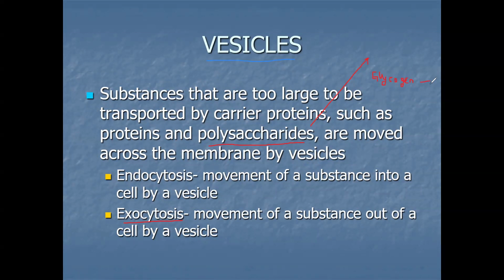In some glycogen, you can have more than 55,000 glucose units, that's 55K glucose. As a result, they cannot be transported using other means of transportation. Rather, they use either exocytosis or endocytosis.